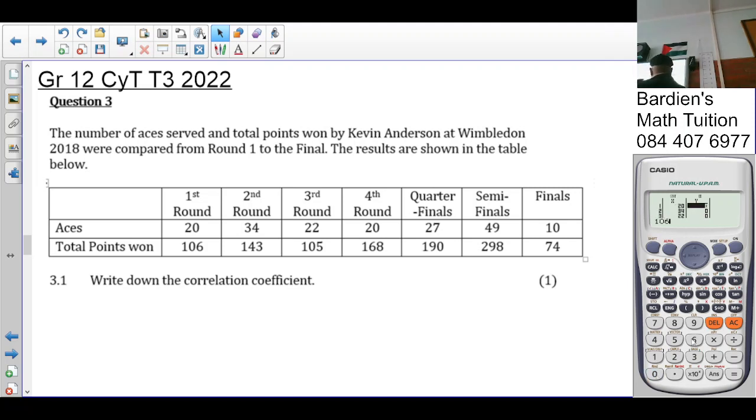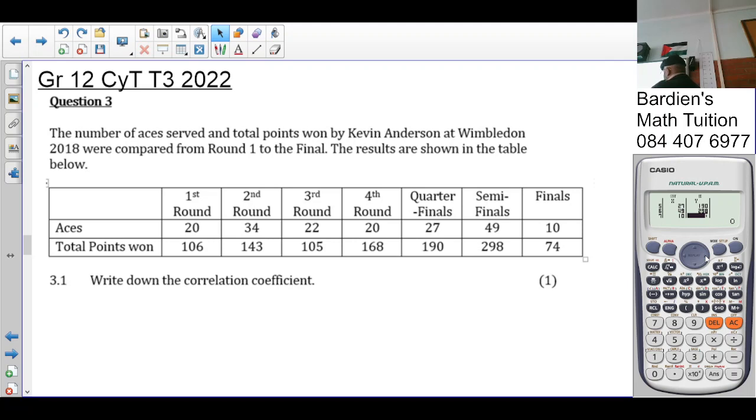Then we got 106 is corresponding with 20, 143 is corresponding with 34, 105 is corresponding with 22, 168 is corresponding with 20, 190 with 27, and 298 corresponding with, okay, they have a mistake. That is 49.